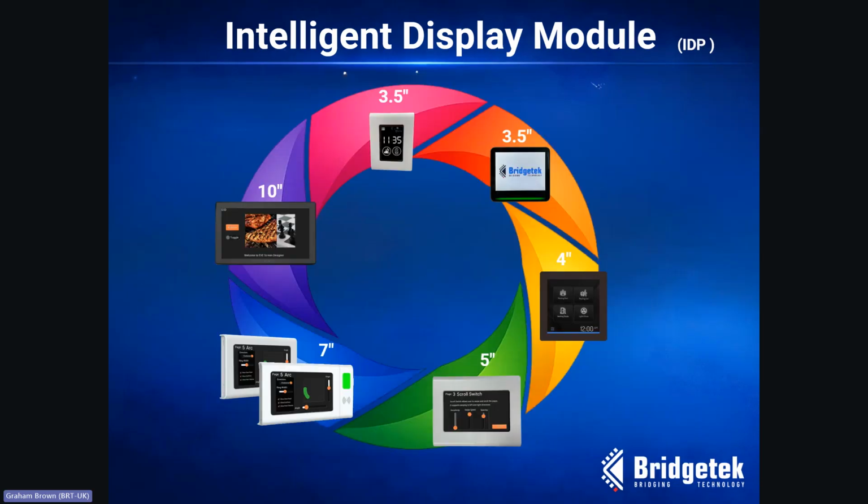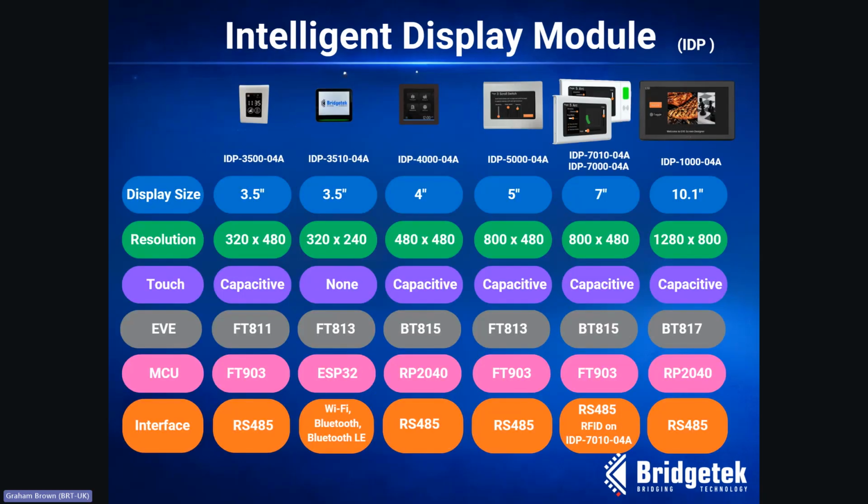We have a range of intelligent display panels also available. As you can see, these come in a multitude of sizes as well. The intelligent display panels include stylish plastic enclosures and are designed to interface via RS485 or, in the case of some of them, Wi-Fi or Bluetooth.